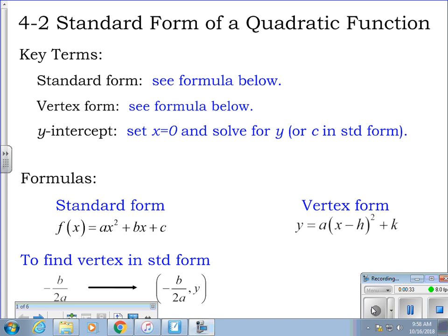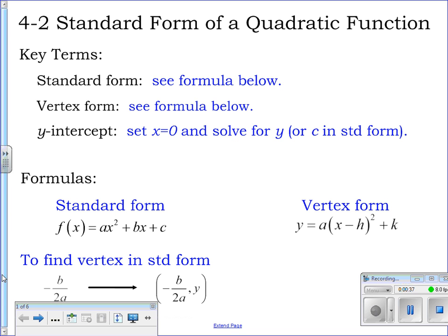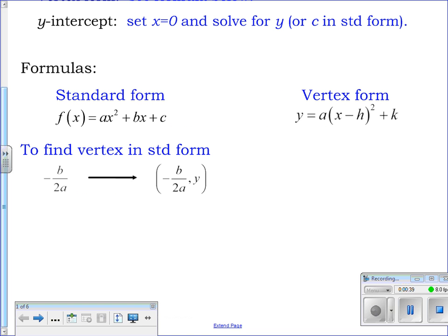So to find a vertex from standard form, this is probably the most important part for what we're dealing with today. To find the x-coordinate of your vertex, it is minus b over 2a, which, if you remember the quadratic formula, should look familiar. This is part of what you get from the quadratic formula. This gives you the x-coordinate of the vertex.